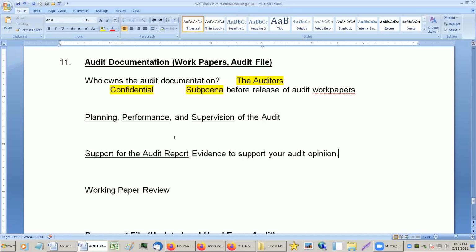And basically, your work papers are what you're going to bring into court if you get sued. So if someone sues you for something going into court, you are going to bring in your work papers and say, oh, no, we did our job. We did what we were supposed to do. And this is our evidence of how we did it.